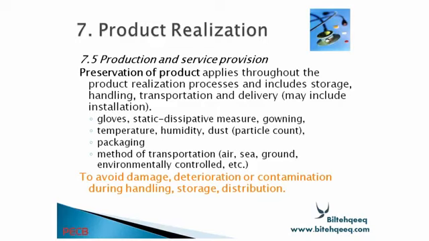So you have to develop a mechanism so that each product can be handled in a safe manner, and during the delivery phase to the customer it should remain the same and should not be damaged.